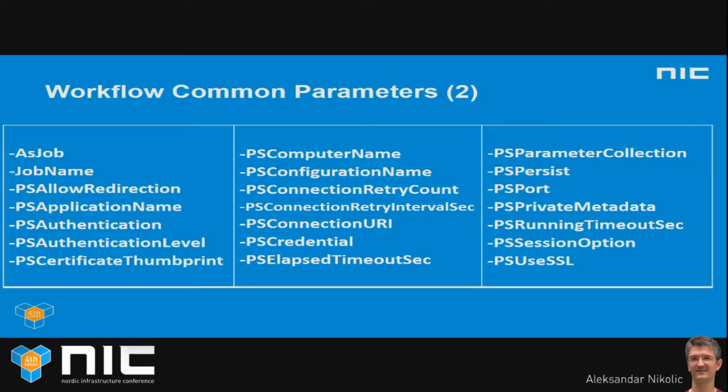So the recommendation and best practice is, whatever you do, try to avoid using PS, because maybe in the future, if it's not already taken for something, the PowerShell team will take it, and then you will have naming conflicts. See also that there are some that are not using PS, such as Job and JobName. As you know, they try to be consistent, but sometimes they are not. Most of those parameters, as you can see, are there to support remoting.